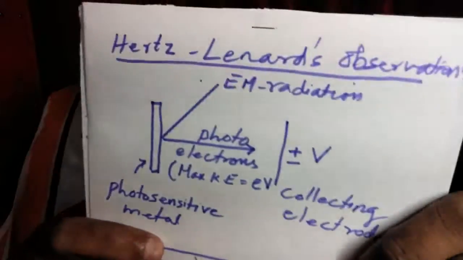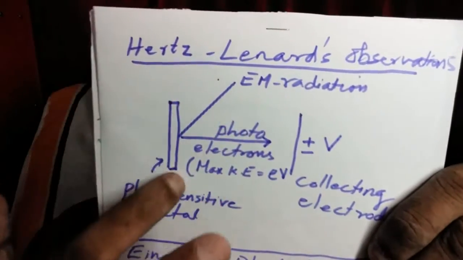Let us see Lenard's observations or experiments. This is a photosensitive metal. Photosensitive metal means such metals eject or liberate electrons by irradiation of almost all radiations, provided having sufficient frequency. Potassium is a photosensitive metal.